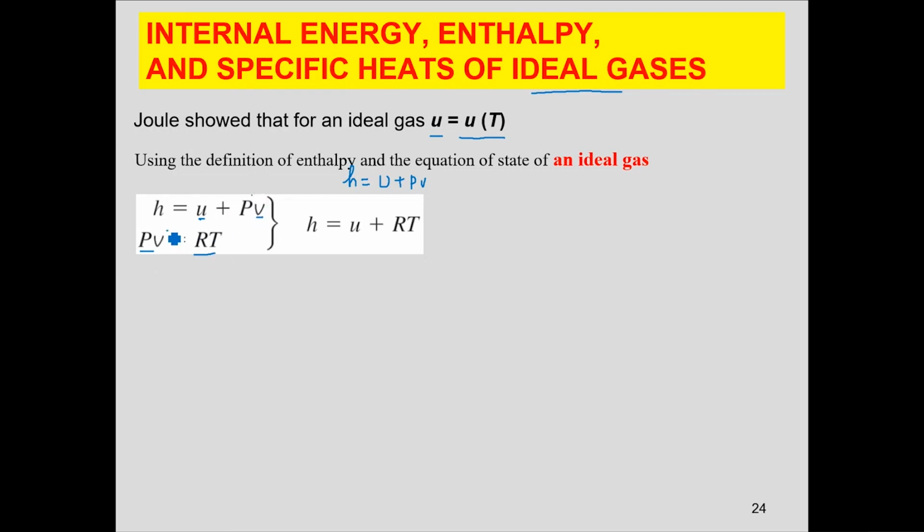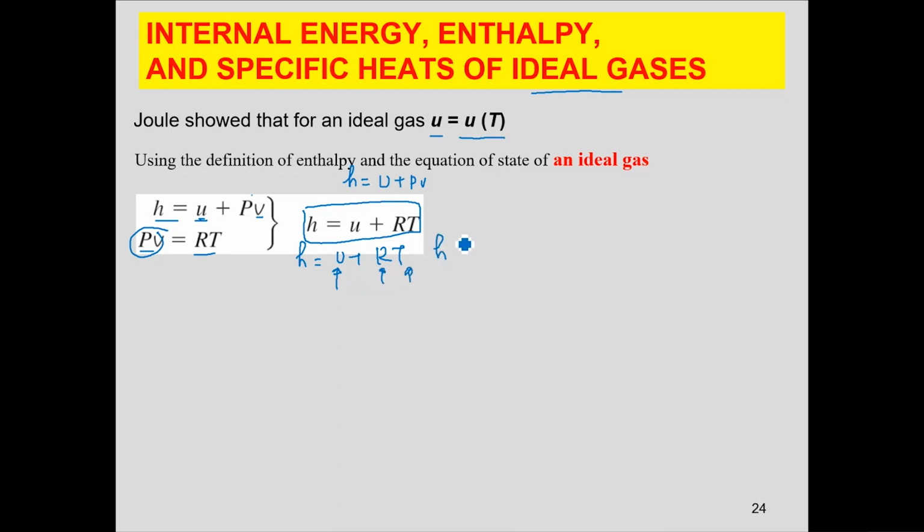Now, if you replace Pv in this equation, with h and u, which is enthalpy and internal energy, you'll have an equation which says that for an ideal gas, enthalpy is equal to u plus RT. For an ideal gas, Joule had shown that u is a function of temperature, R is a constant, and you have a temperature.